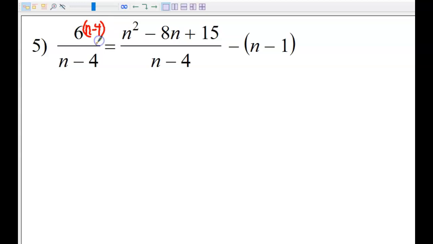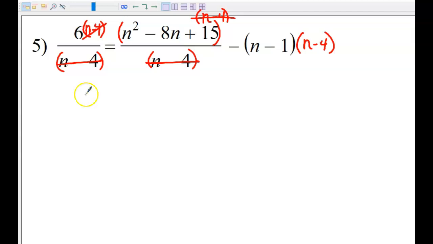So I'm going to multiply everything by n minus 4. So I multiplied each of the pieces by n minus 4. These go away. These go away. Nothing goes away here.